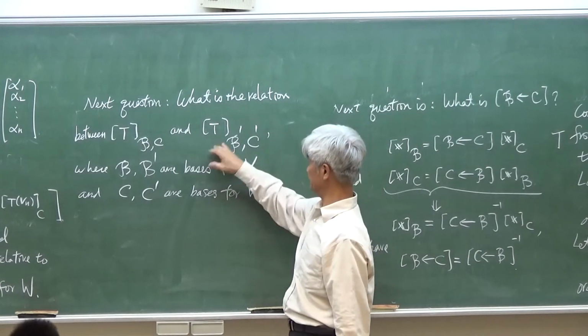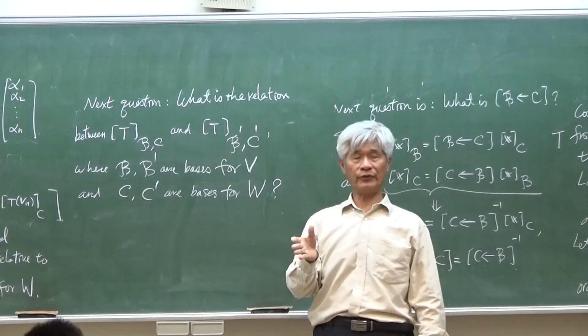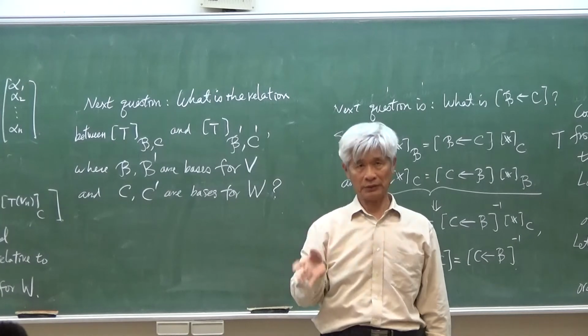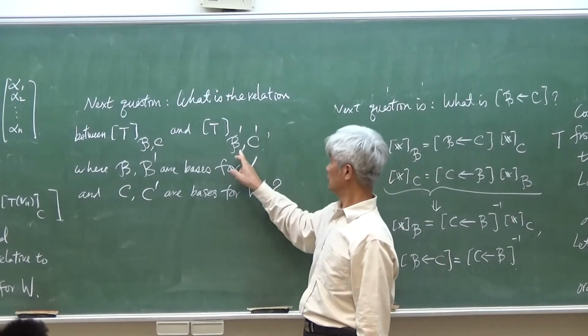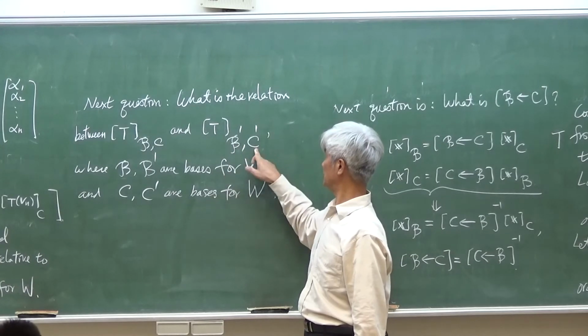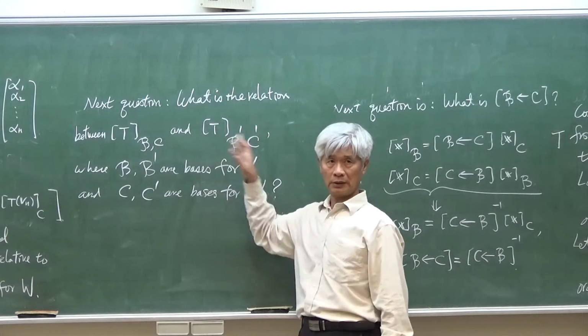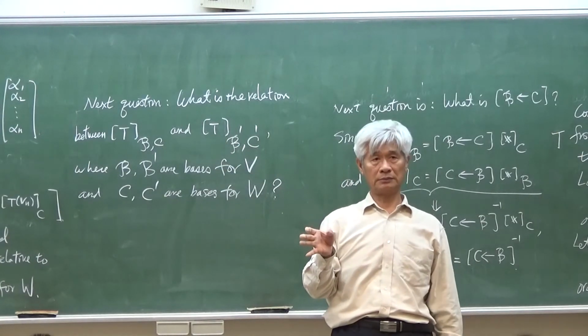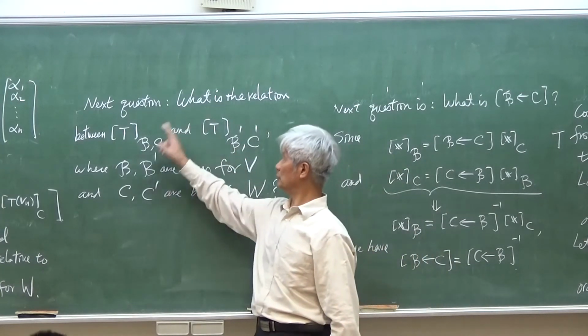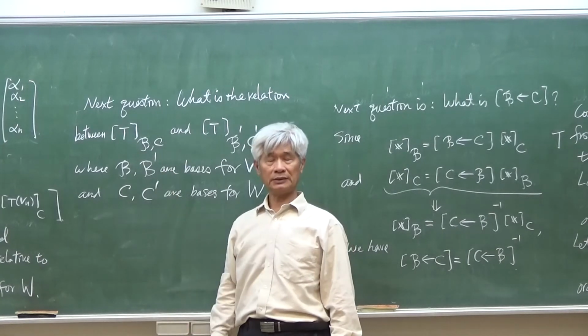It's possible that you choose different bases B prime for V and different bases C prime for W. So now, relative to the new basis B prime and new basis C prime, you have a different matrix representation. Now, what is the relation between these two matrix representations?